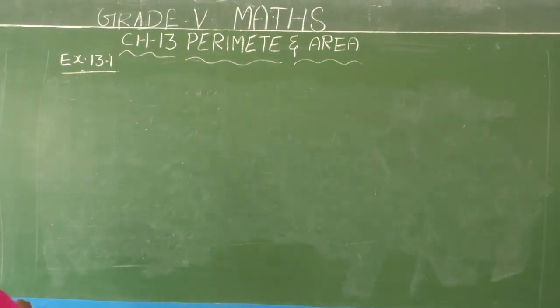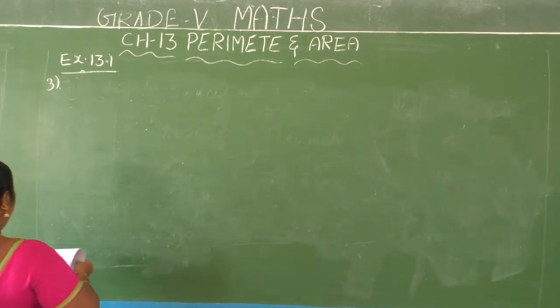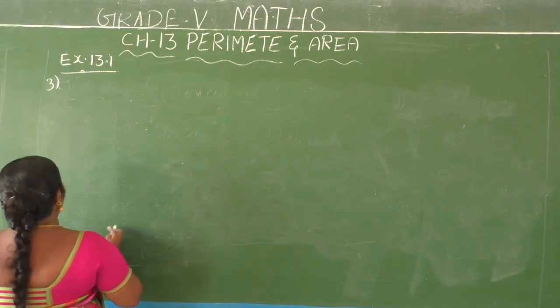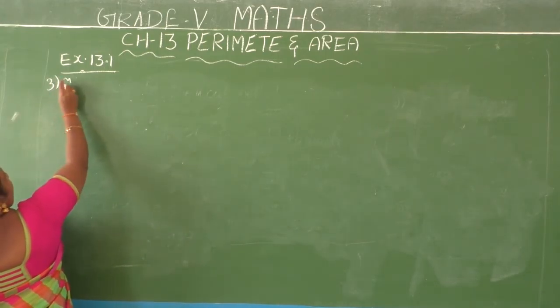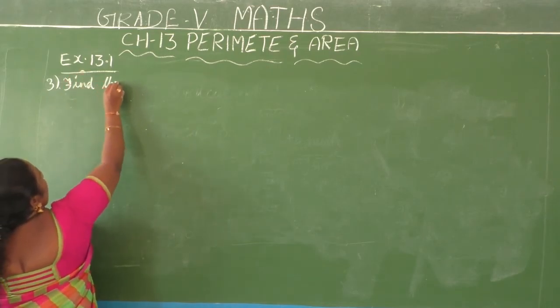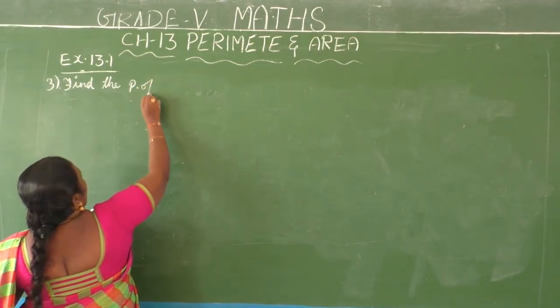Okay, next we are going to see the third Roman. The third Roman also says, find the perimeter of squares.